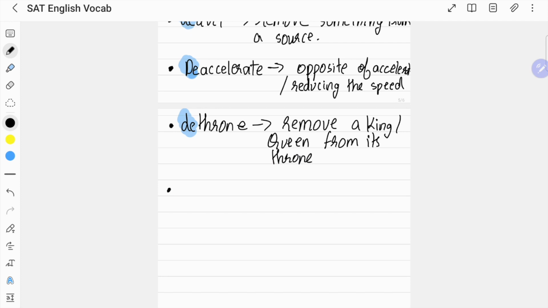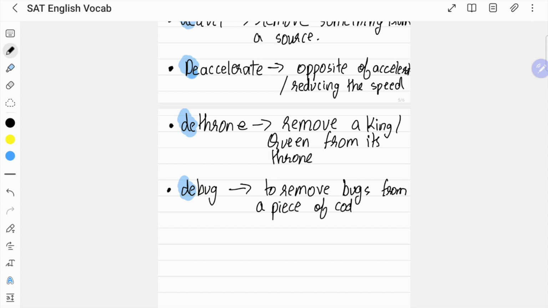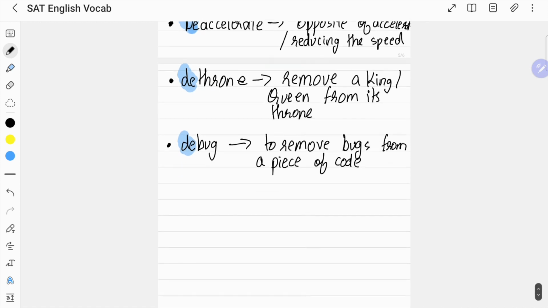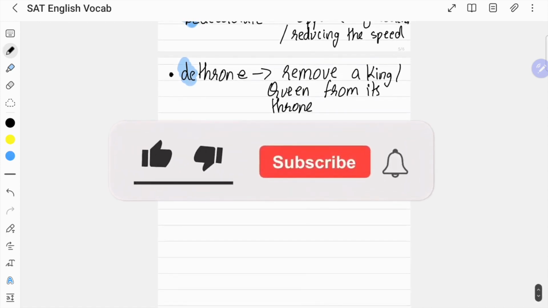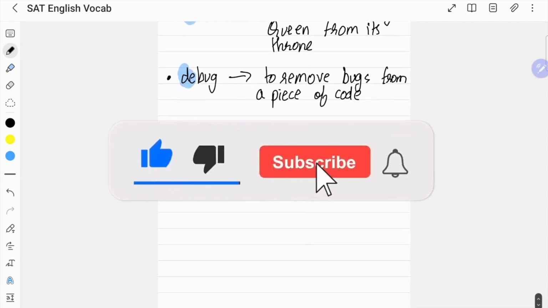Another word you can use is debug. To remove bugs from a piece of code or a line of code. Here, when we say bugs, we don't mean literal bugs. It means basically errors or logical errors in code.